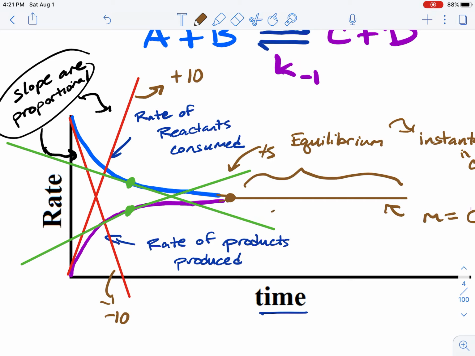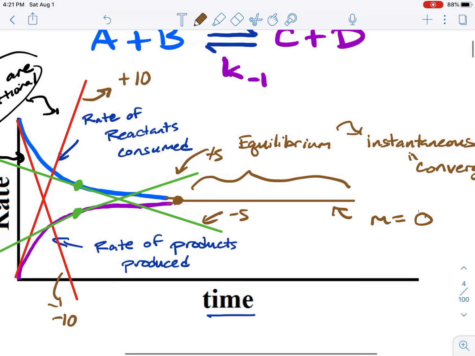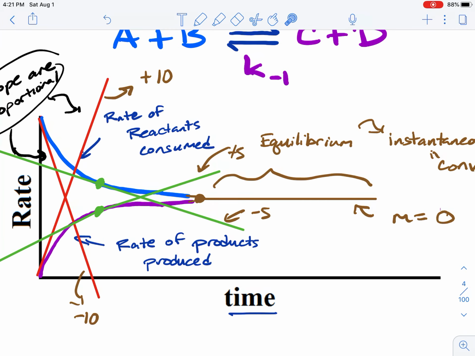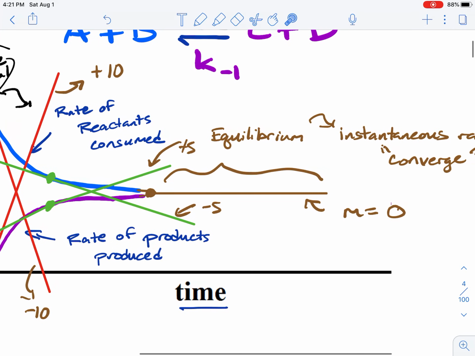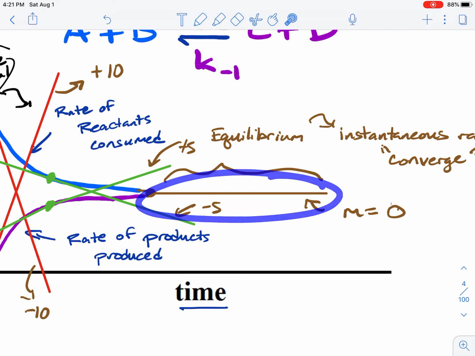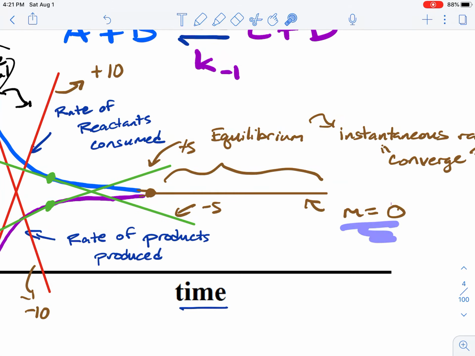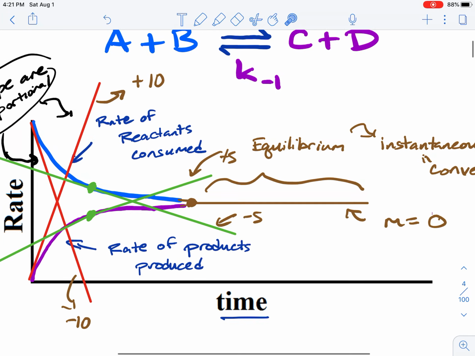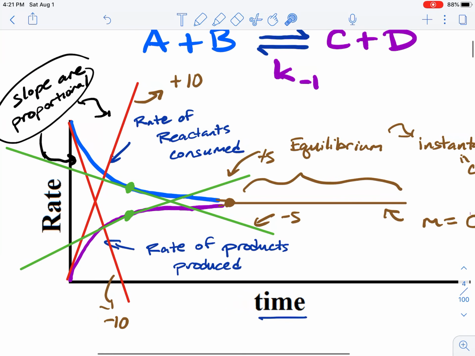And the slope of this line is going to be negative 5. Once again, I'm making up numbers. And as the reaction progresses, at some point in time, the line tangent to the curve will flatline. It's going to look like this, in which the slope is equal to 0. And so at that point, the rate of the forward is equal to the rate of the reverse.